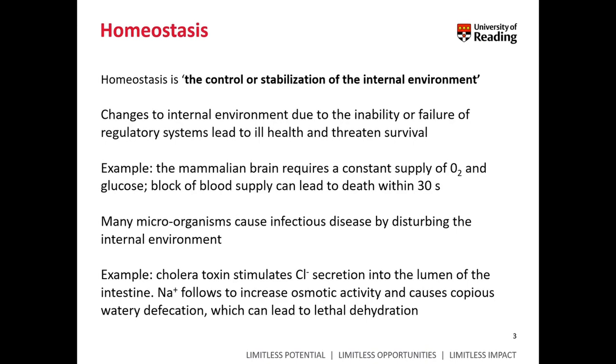It stimulates chloride secretion into the lumen, and that calls sodium into the lumen of the intestines, which calls water into the lumen of the intestine, causing copious defecation, explosive diarrhea. And that diarrhea leads to the death of the host by dehydration, but it also promotes the spread of the microorganism.